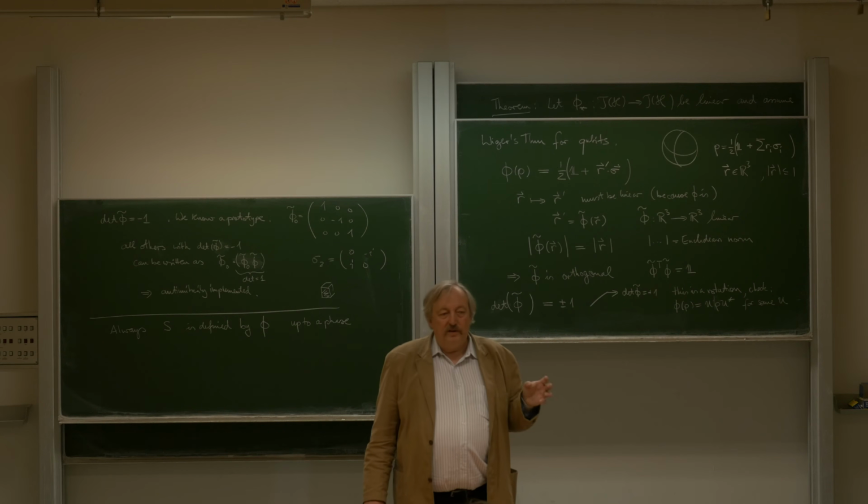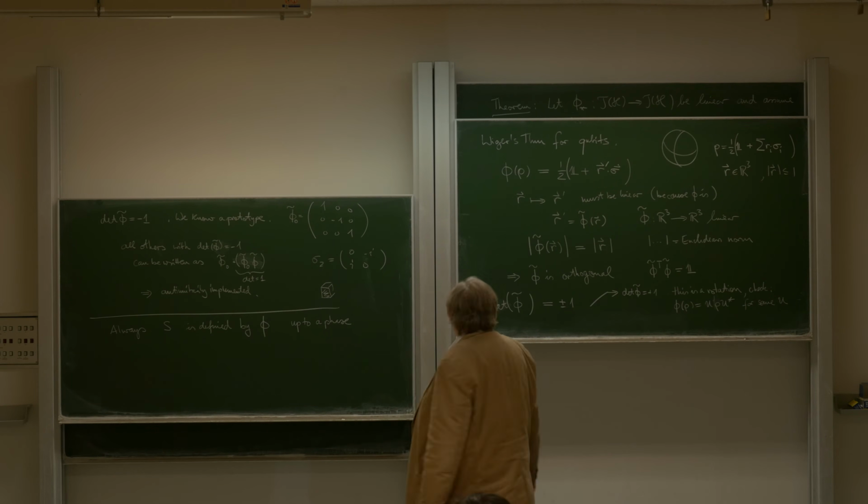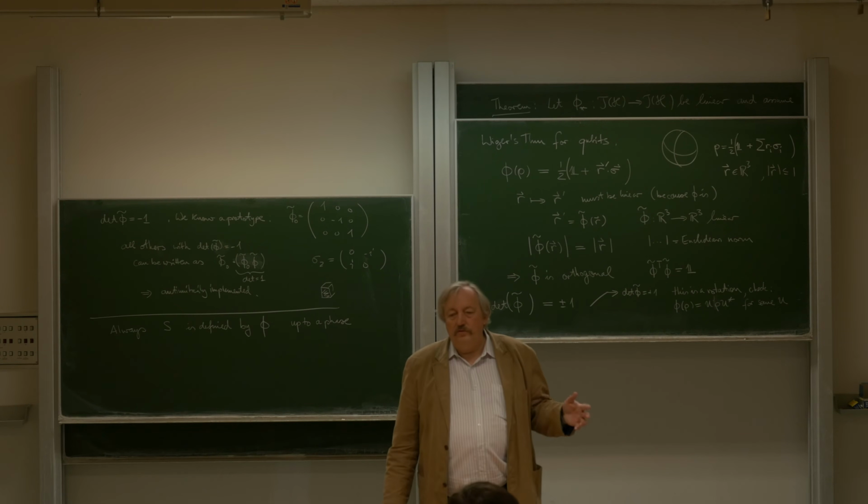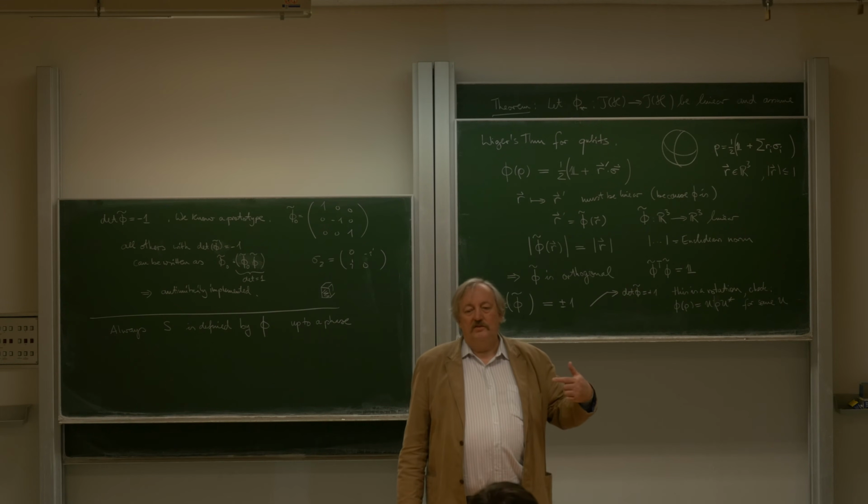Now, the only operators that implement the identity transformation would have to be operators that commute with everything, right? If S star rho S is equal to rho for all rho, that just means that if I multiply with S star from the side, it commutes with everything.